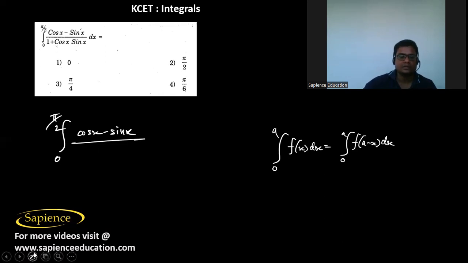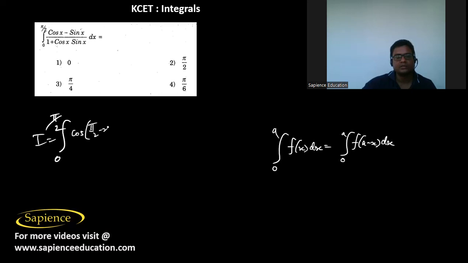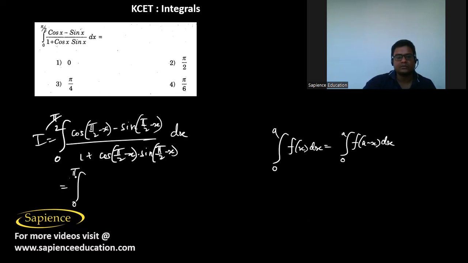So this integral I can also be written as cos of pi by 2 minus x minus sin of pi by 2 minus x by 1 plus cos of pi by 2 minus x into sin of pi by 2 minus x into dx. So this we can write as integral 0 to pi by 2 sin x minus cos x by 1 plus sin x cos x.